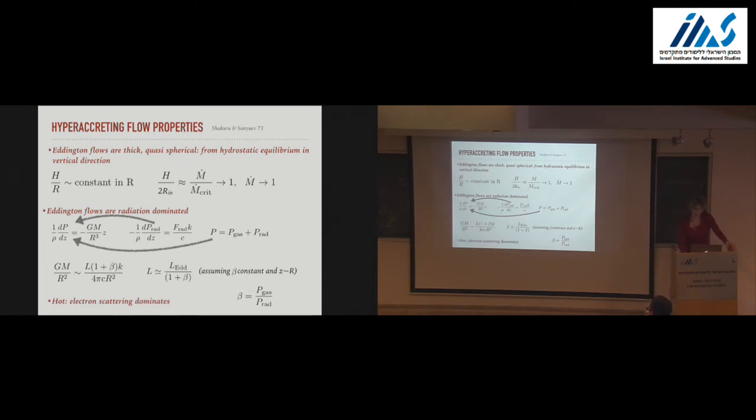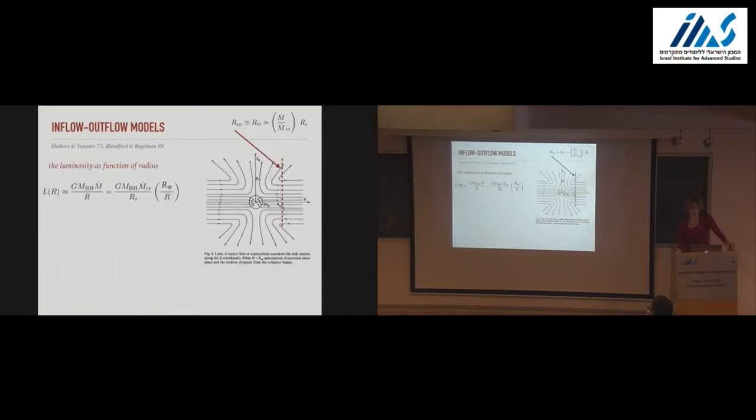Okay, and finally, hyperaccreting flows, winds or accretion flows, are hot, in the sense I said before. And the main opacity is given by electron scattering. Okay, so this comes from Shakura and Sunyaev.